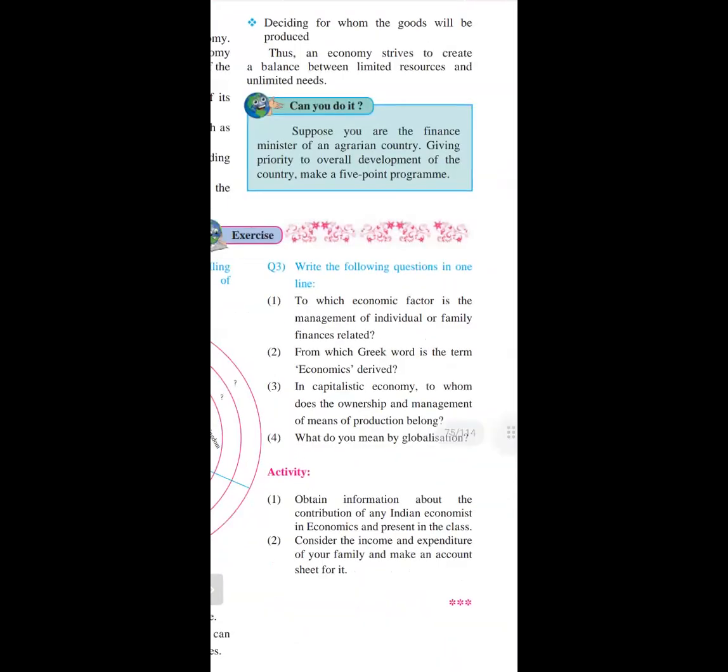To which economic factor is the management of individual or family finances related? Which economic factor? It is very individual and family factors related. Page number 64. Okay, page number 64.